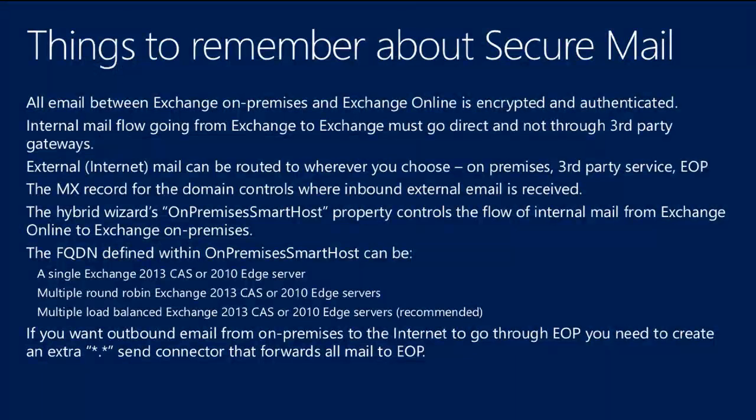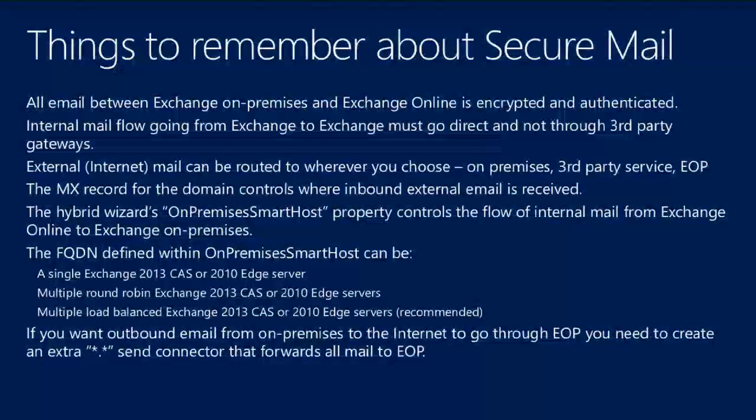One thing that we have simplified, as I mentioned, is when you're configuring the hybrid configuration wizard, the on-premises smart host. This is where Exchange Online Protection will send mail to the on-premises side of the connector, right? So if mail flow is coming from the cloud to on-premises, the on-premises smart host is what you're going to define in the configuration wizard.